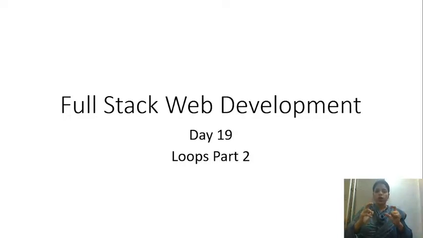We started with the concept of loops in JavaScript. I had also mentioned to you that there are at least 4 different types of loops that JavaScript supports, though we have learned only one loop, and that was the for loop. A good part of the lecture yesterday we spent understanding the 3 different parts of the for loop, the syntax of the for loop, and the basic programs to start the for loop with.